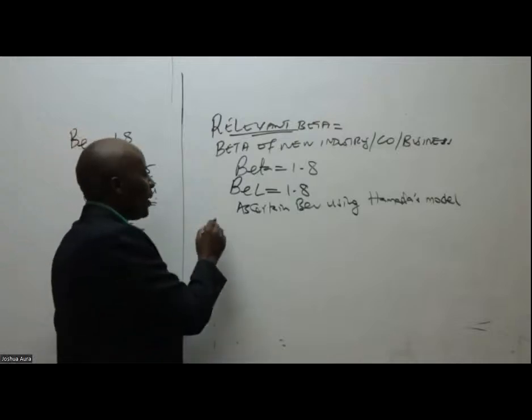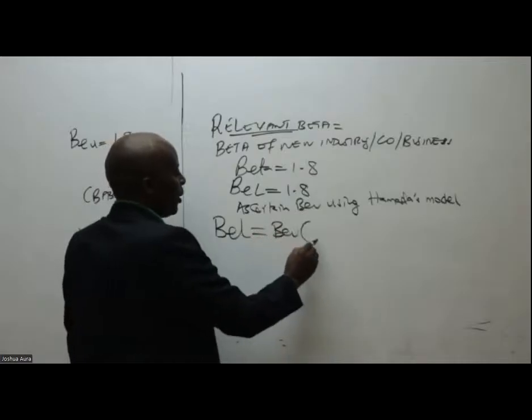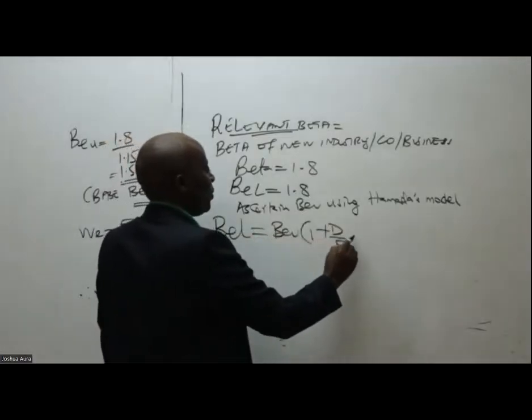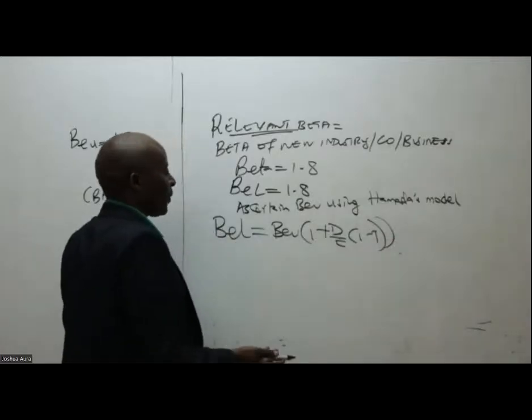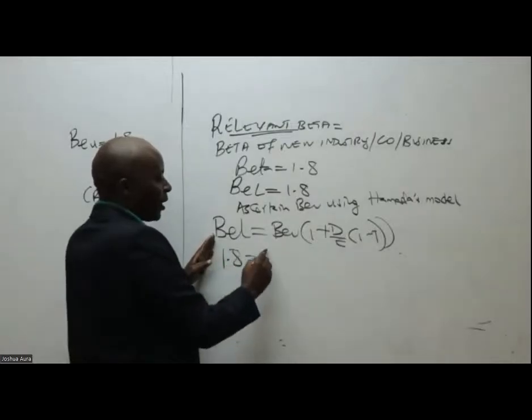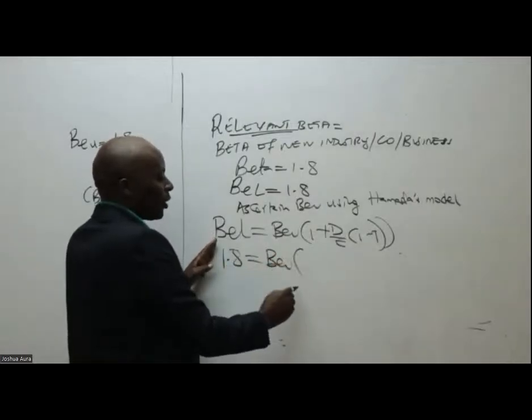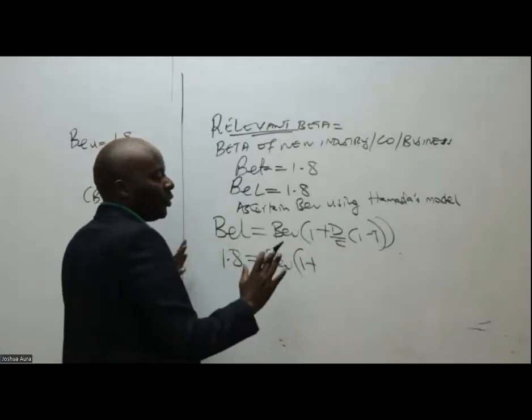So this is how Hamada's model looks: BEL equals BEU times 1 plus debt to equity ratio times 1 minus tax. Whatever we have here is our BEL, 1.8. BEU is what I'm looking for, times 1 plus, remember everything here is about the new business, new industry.